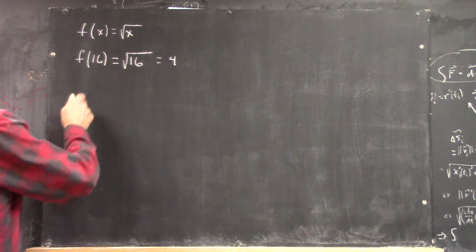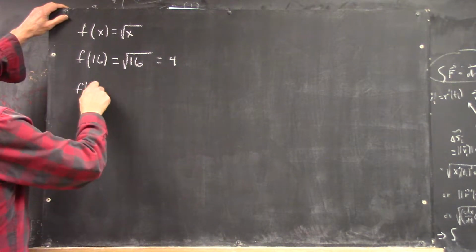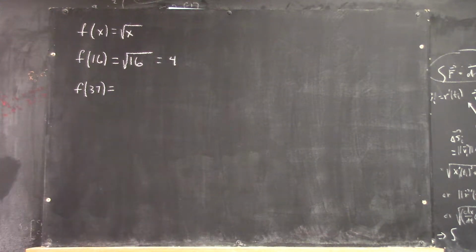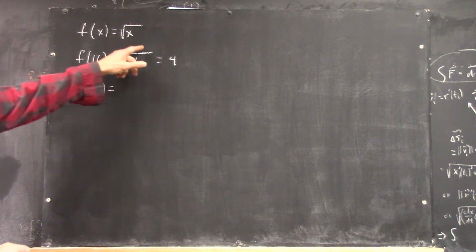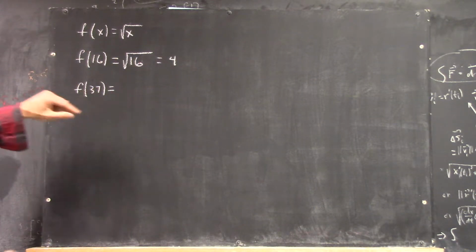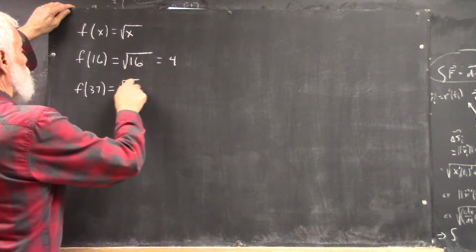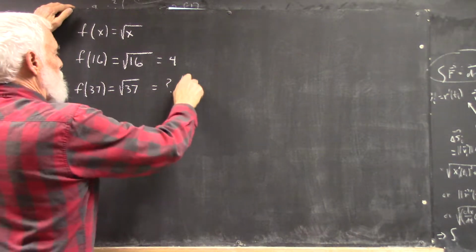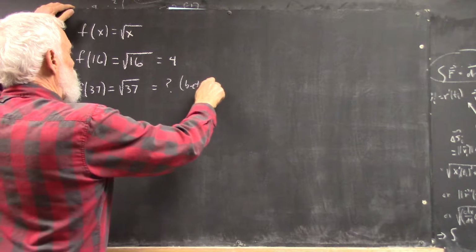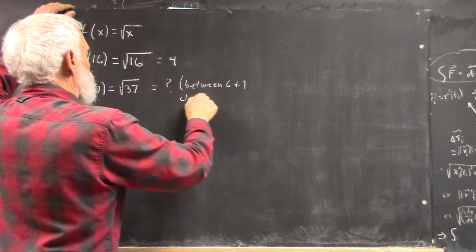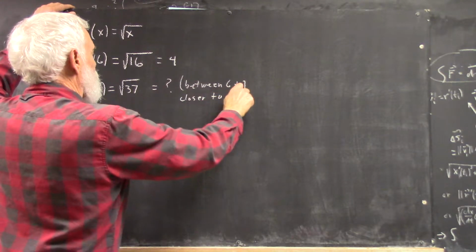So let's see, what's f of 37? Well, you take this expression and you're writing it out, but now x is 37, right? So this is the square root of 37 equals... you don't know.